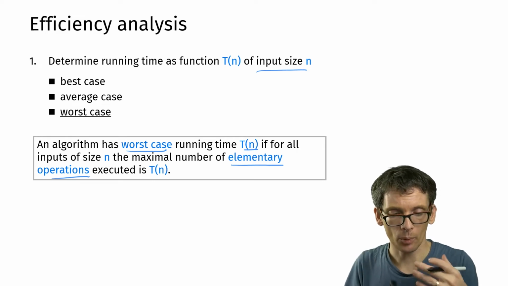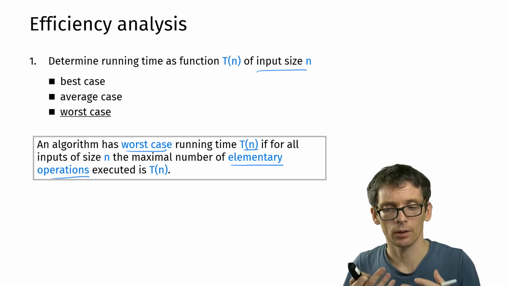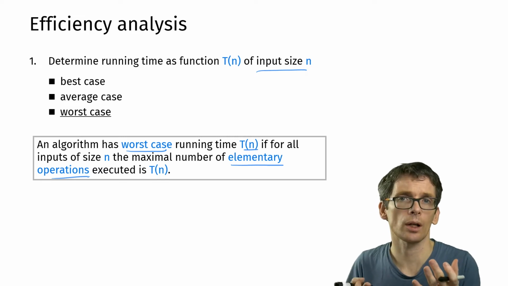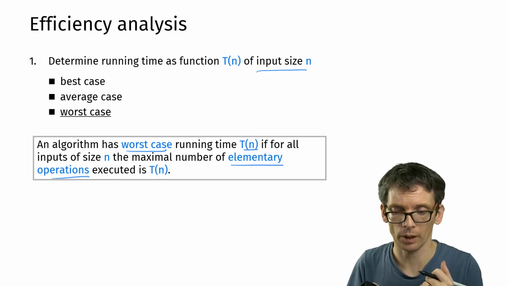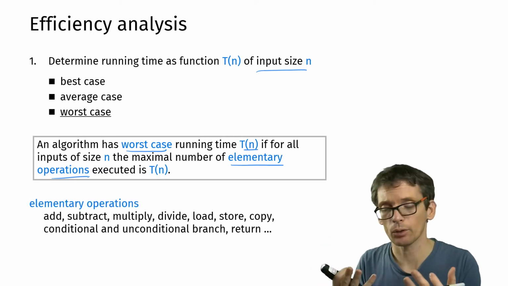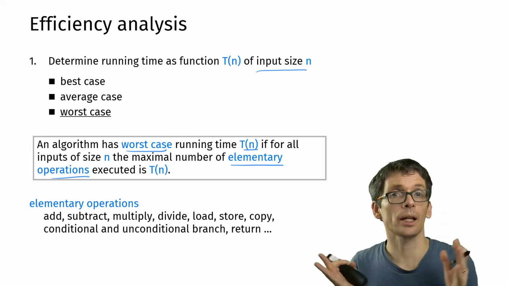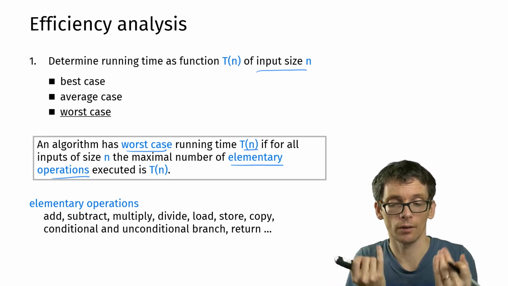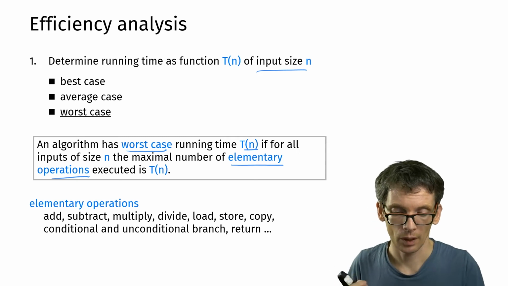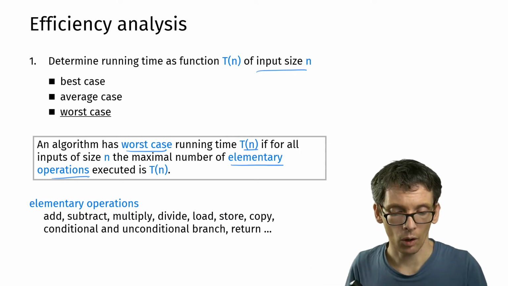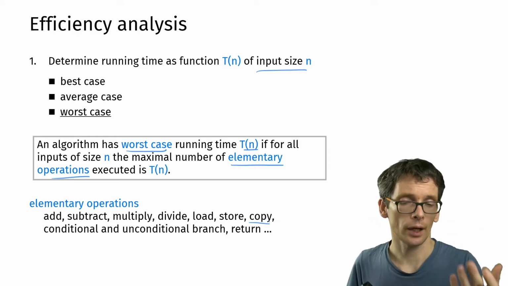By elementary operations, we mean basic operations for which we can assume that they run in constant time. For instance, if I add two numbers, that doesn't depend on n at all because it only involves two values. Subtracting, multiplying, all these kinds of operations. If I copy a single number, I can do that in constant time.